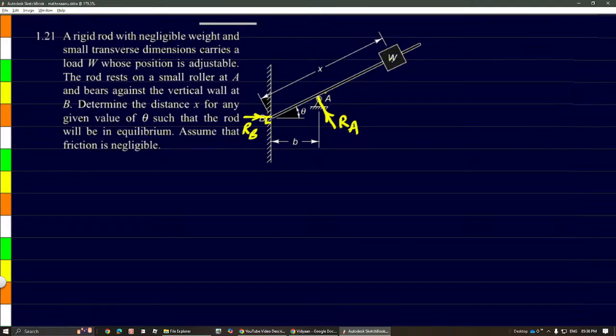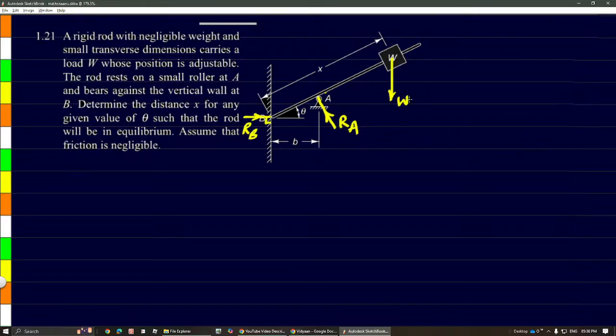Then we have the load here. The weight is going to be falling straight downwards, and because the weight itself is given, in newtons, we can just call it W. In case mass is given, we'll have to take it as m times g, mass times the acceleration due to gravity. But since here it is directly called weight, we can just take it as it is.